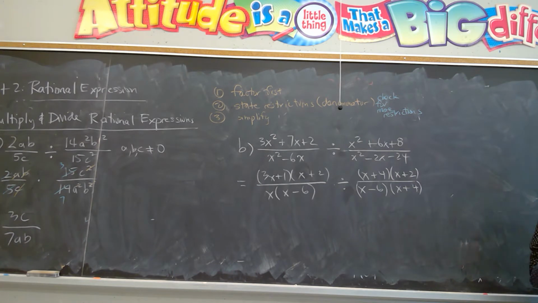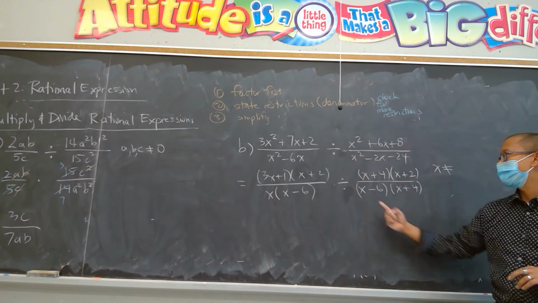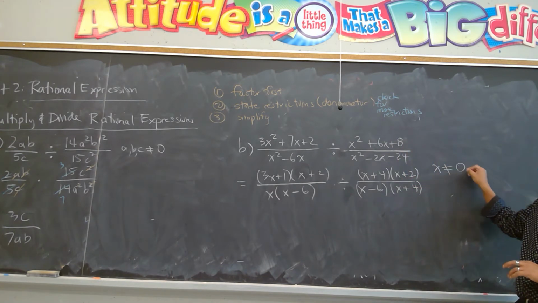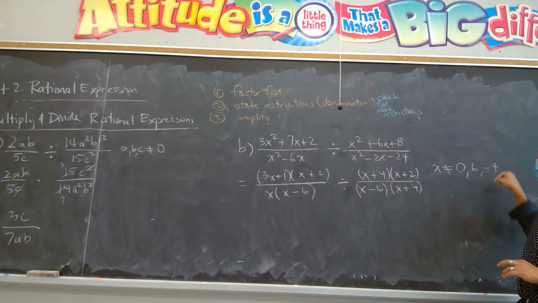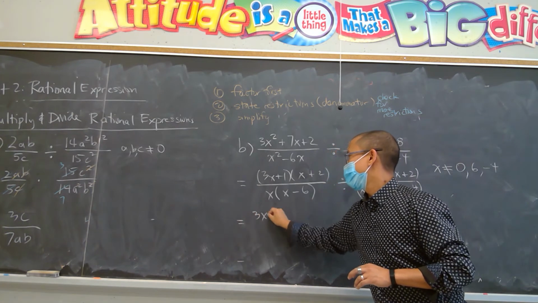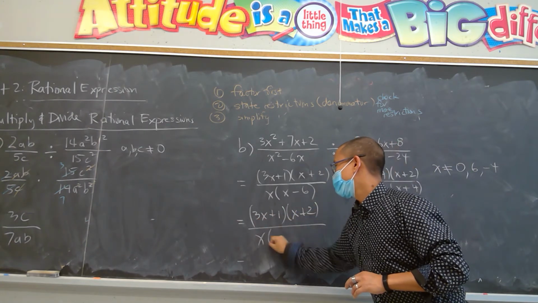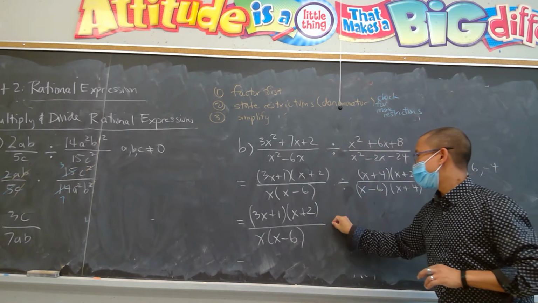So the restrictions from this line, now we're in step 2, state restrictions. X can't be equal to 0, 6, and negative 4. But with division again, it means to multiply.